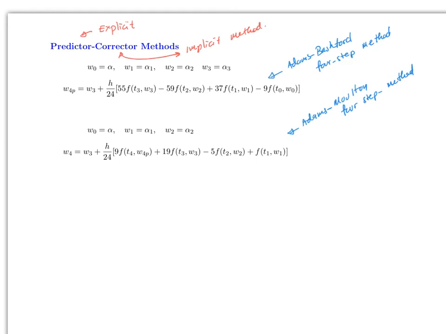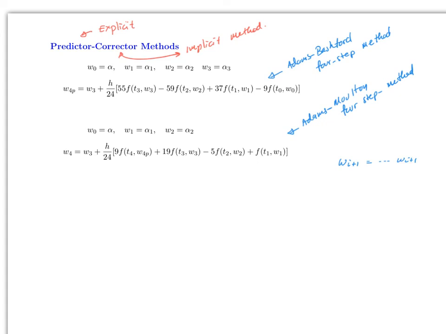So by using this predictor-corrector technique, you don't actually have to solve for wi plus 1 as before. If you want to use an implicit method by itself, remember you have wi plus 1 on the left side, and then you also have wi plus 1 on the right side, and you had to algebraically solve for wi plus 1, which I already mentioned a couple times, may not be possible.